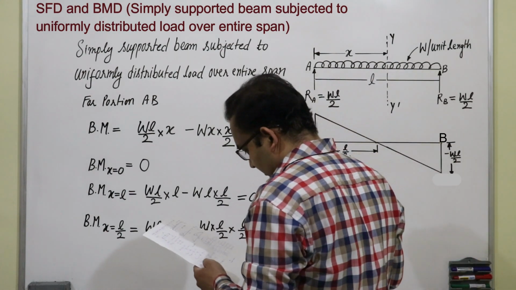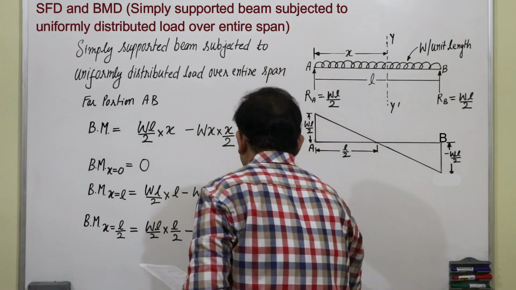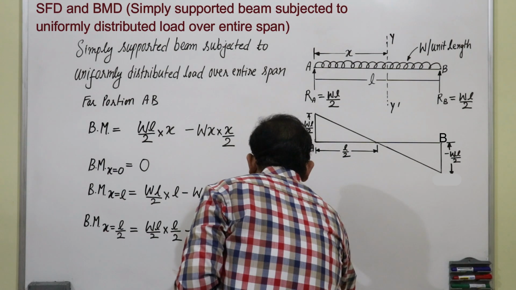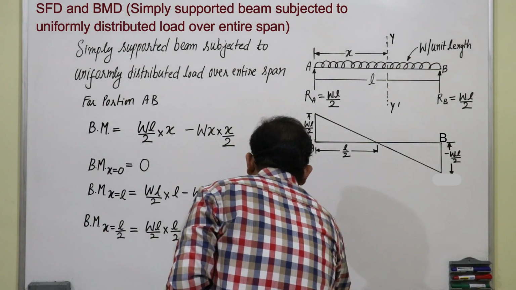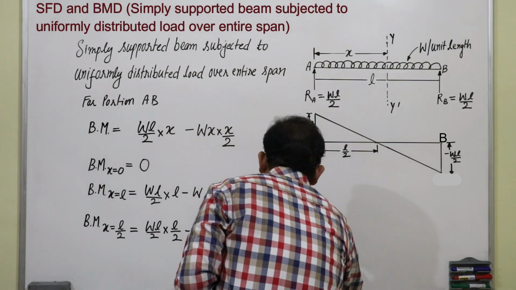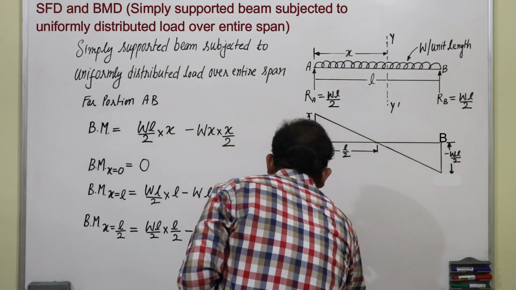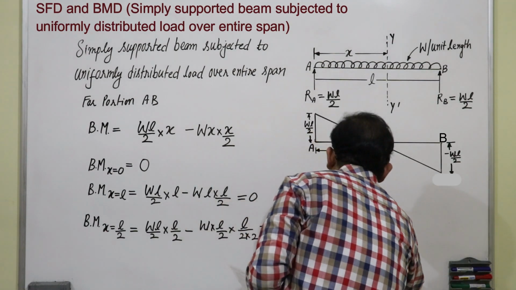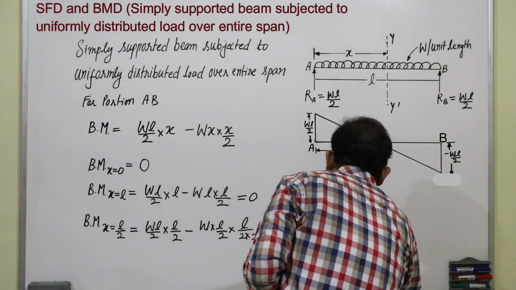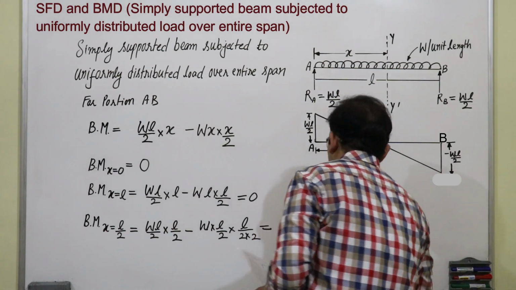So, it will come equal to W L square upon 4 minus W L square upon 8, equal to W L square upon 8.